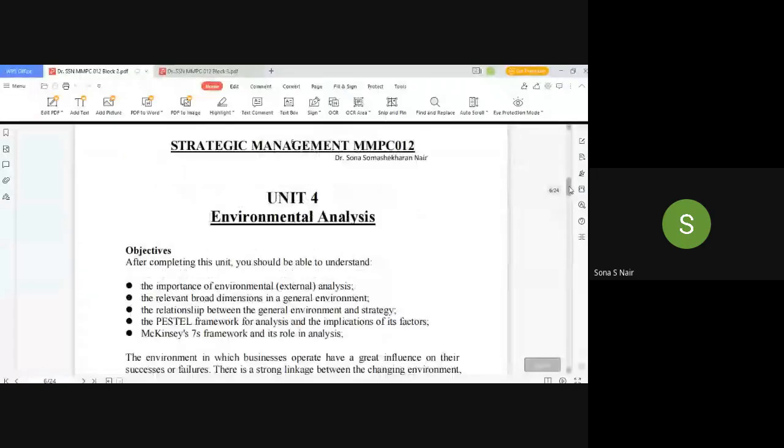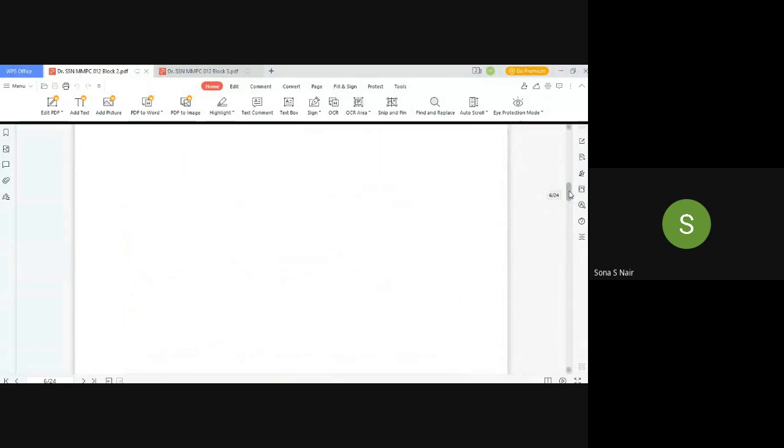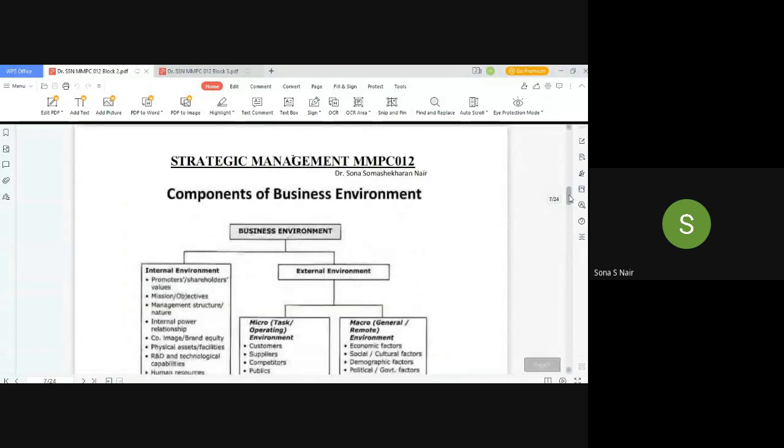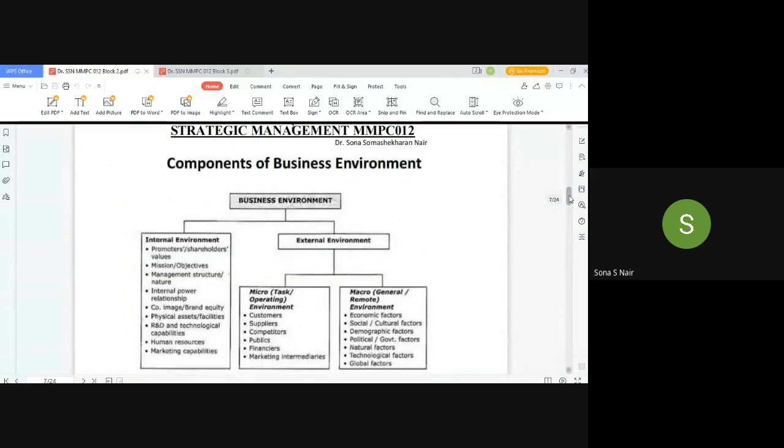The last unit that we were discussing, which was the last part of block 2, was environmental analysis. We said there are various components of environment which we need to analyze before we finalize what kind of strategies could be available to us given the current scenario. The business environment was divided into two parts: the internal environment and the external environment.